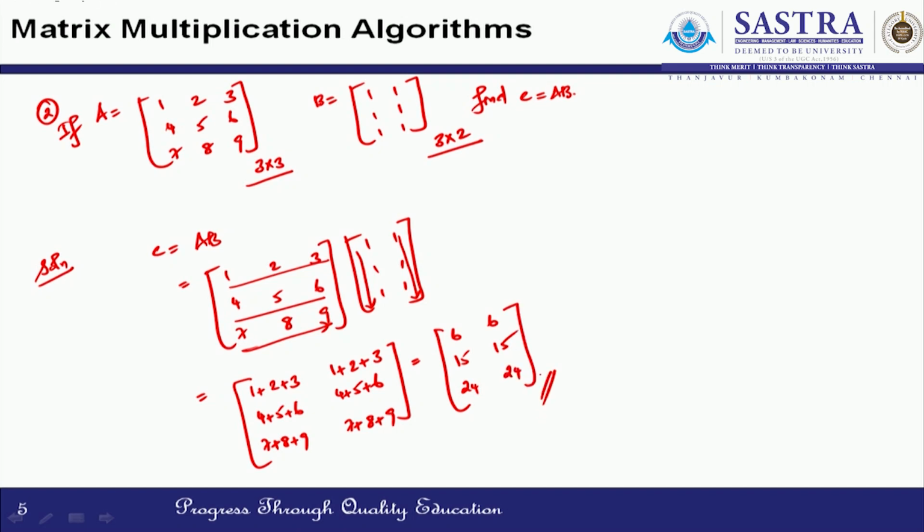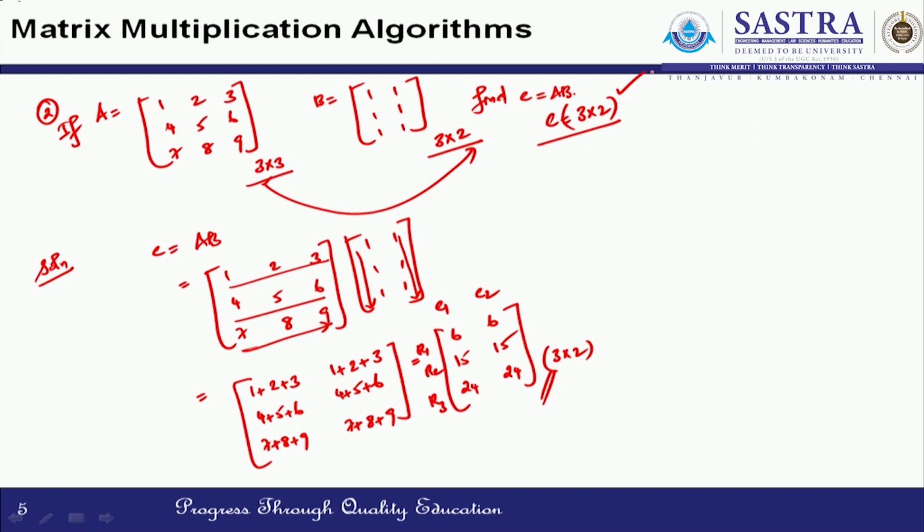This is the resultant matrix C, which has an order 3 by 2, with 3 rows R1, R2, R3 and columns C1, C2. Since A is 3 by 3 and B is 3 by 2, the resultant matrix C takes order 3 by 2.